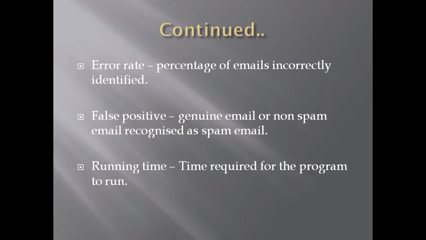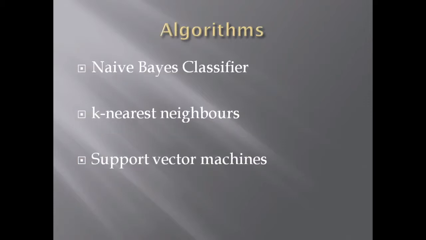Error rate: this is the percentage of emails incorrectly identified. False positives: these are genuine emails which are recognized as spam emails. And running time is the time required for the algorithm to run.